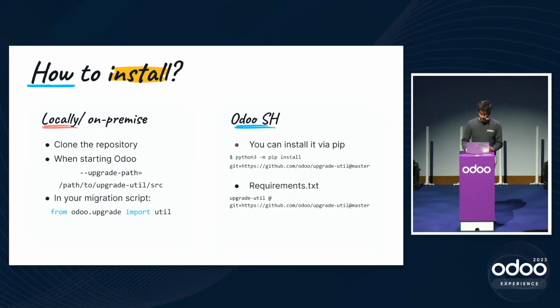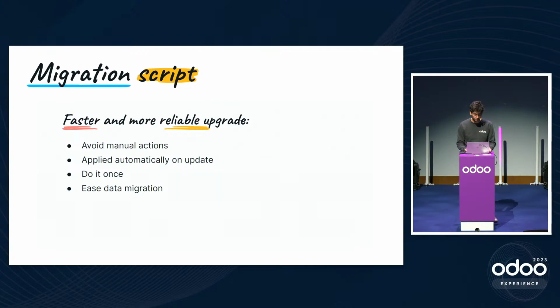You can install it via pip on Odoo SH, or you can put it in your requirements file so that you don't have to install it manually, and Odoo SH does things for you. So I'm going to come back on things like migration scripts to explain how and when it is relevant to use.